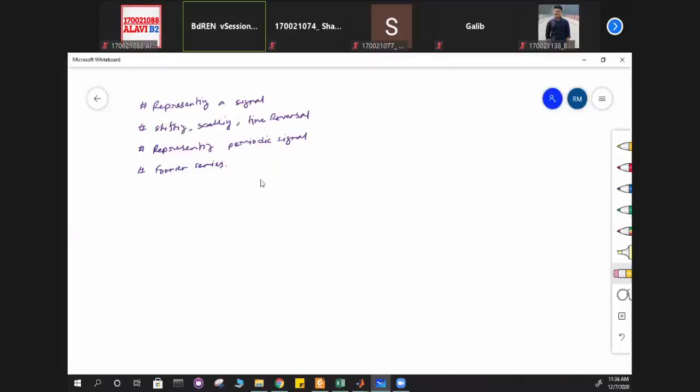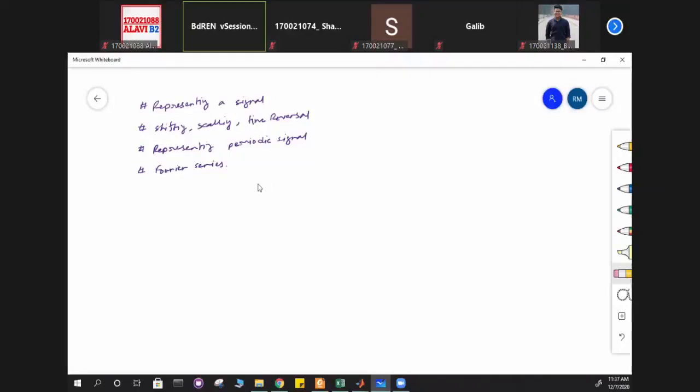And third, we'll learn how to represent a periodic signal, because a non-periodic signal and a periodic signal have a difference. After one period, the same thing will repeat. The signal will repeat after every time period, so the number of cycles will be infinite in the case of periodic signals.